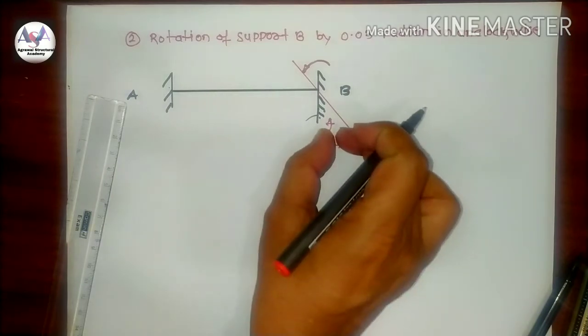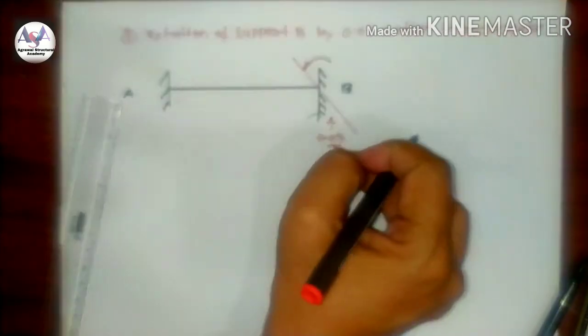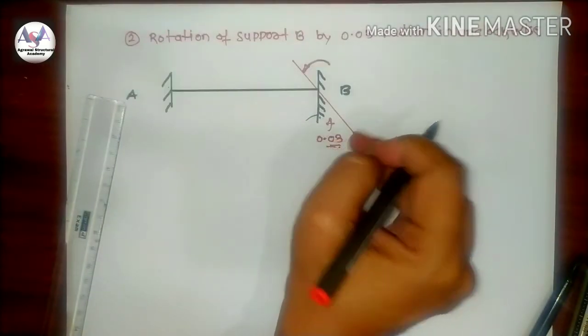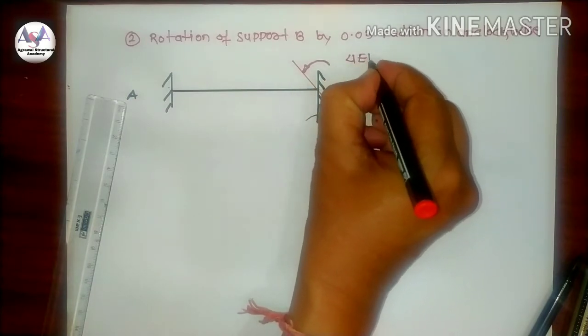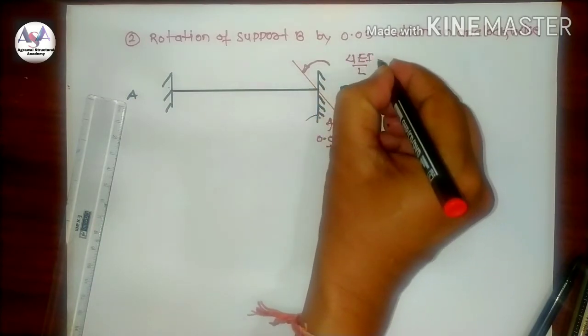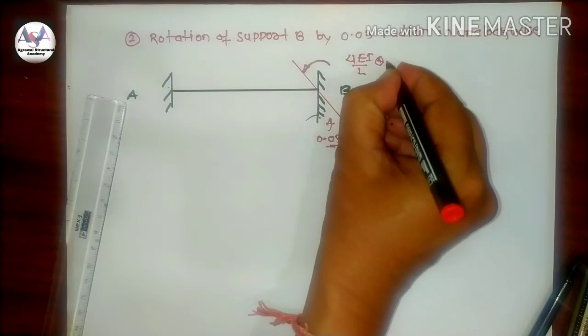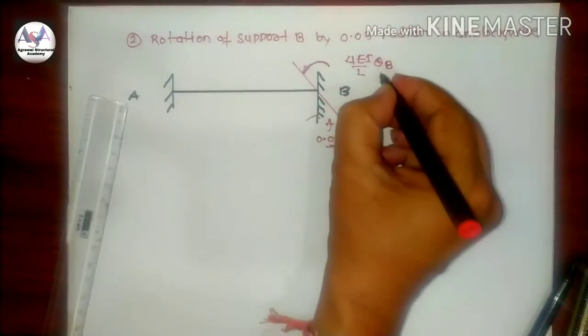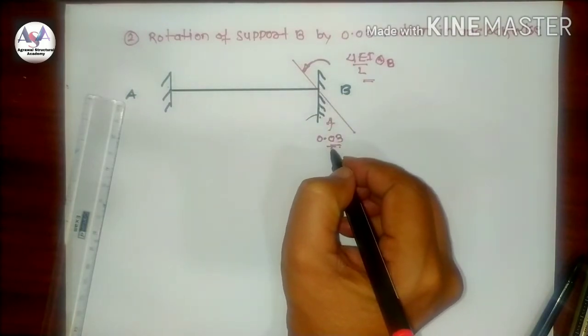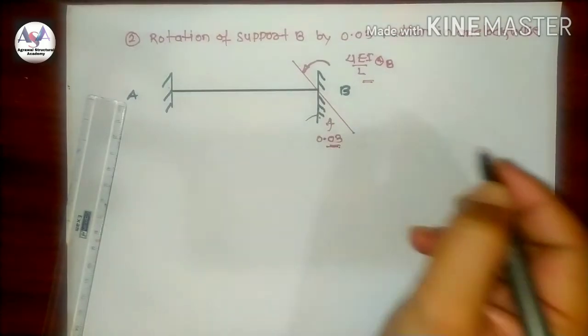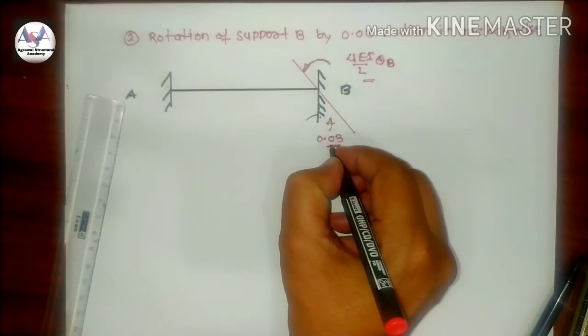Now the moment required to rotate this 0.03 radian is 4 EI by L into theta B. This is the moment required at B to produce this angle of 0.03 radian.